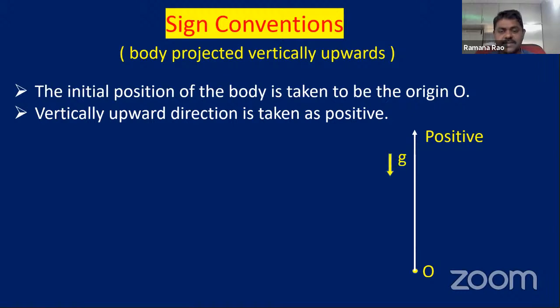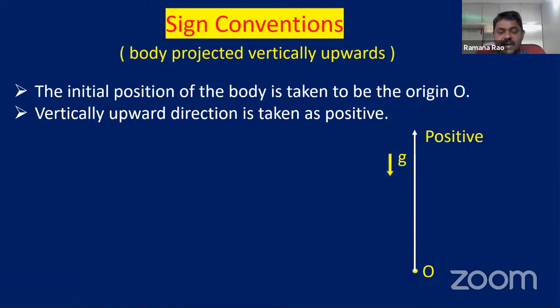As you know, acceleration due to gravity, whether the body is moving upwards or coming down, always acts in the downward direction. But upward direction is considered positive in this case, so downward direction is going to be negative.